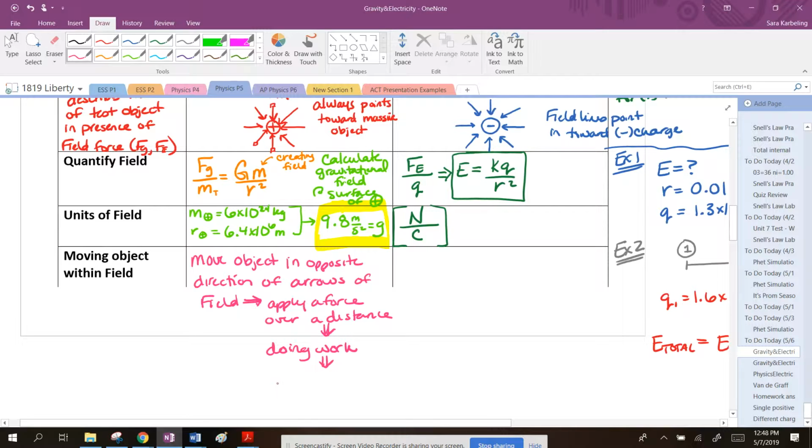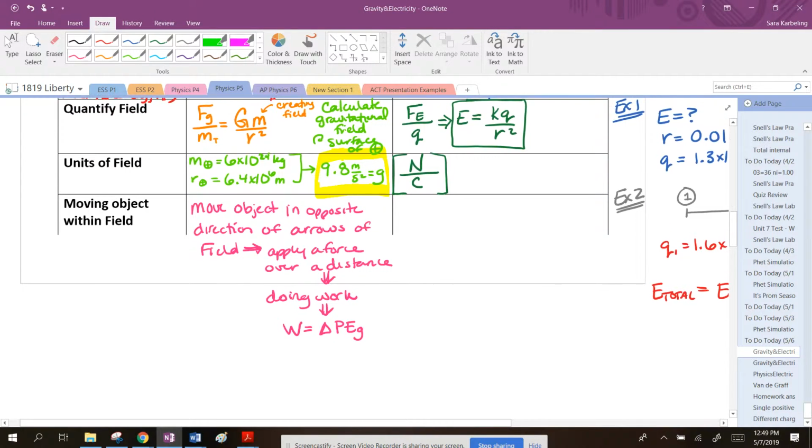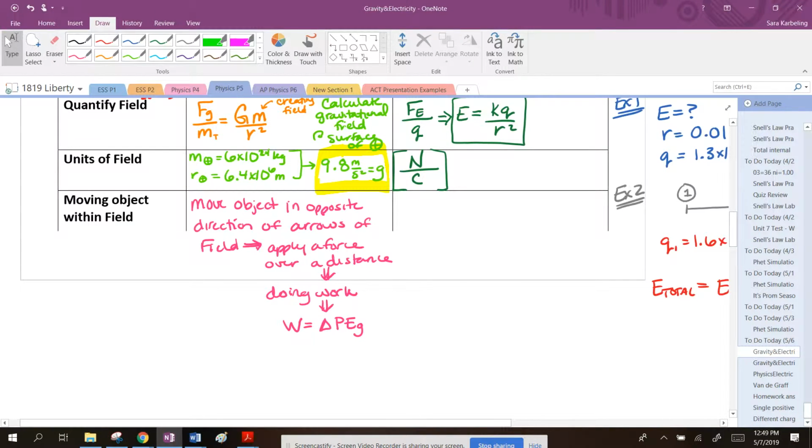And in doing work, I'm changing the gravitational potential energy of the frog. So again, I'm moving the object in the opposite direction of the arrows of the field. I do that by applying a force over a distance. That means I'm doing work and I'm changing the gravitational potential energy.